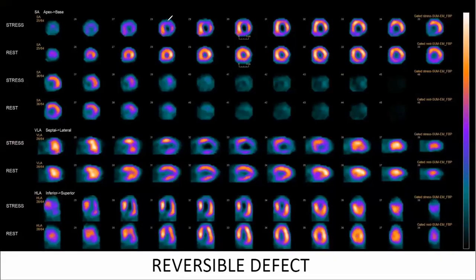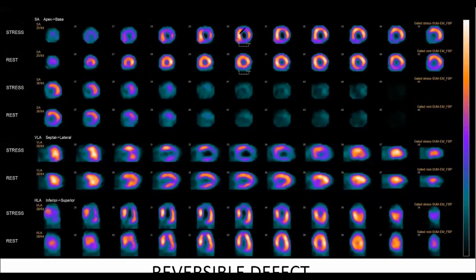This is the short axis, this will be anterior, this will be inferior, and along with inferior, there is some inferolateral involvement as well. And as we move on to these imaging planes, this is from apex toward base. These are the apical, then comes the mid cavity, and then the base.